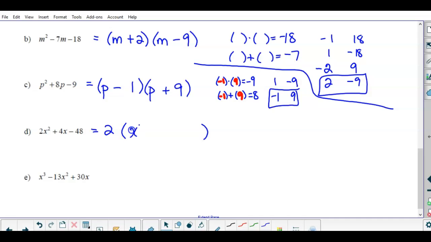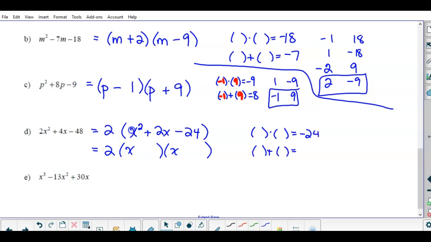Okay, so you'll be left with x squared plus 2x minus 24. So in your final factored form, it's going to have the 2 out front, 2 brackets, x at the beginning of both, and then remember you're looking for two numbers that multiply to negative 24 and add to 2.